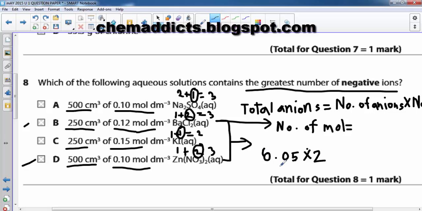So this contains the greatest number of anions, so D should be the answer. I hope that you have understood why this should be the answer, and I also hope that you have understood the question as well as the answer.